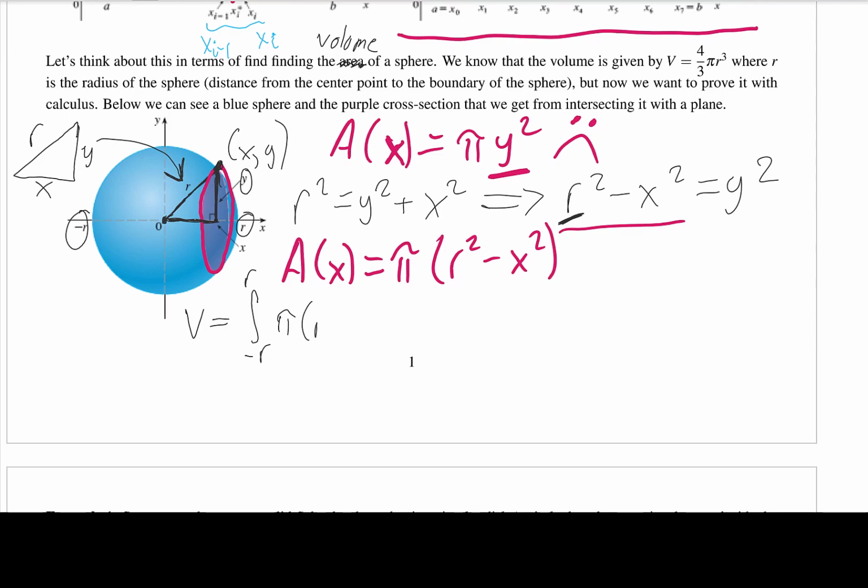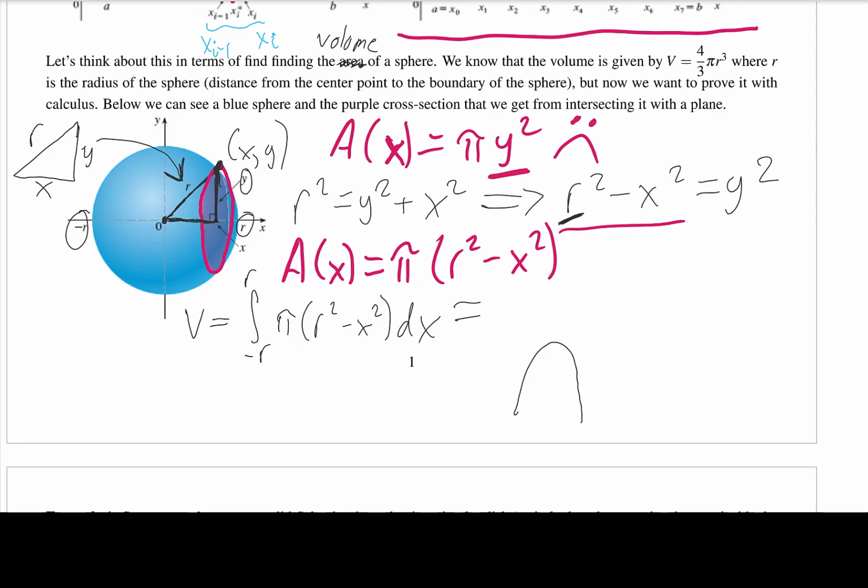So that should be pi times r squared minus x squared dx. Okay. So now what I want to notice is that r squared minus x squared, that's a constant minus x squared, right? So all this is some downward facing parabola shifted up r squared units.